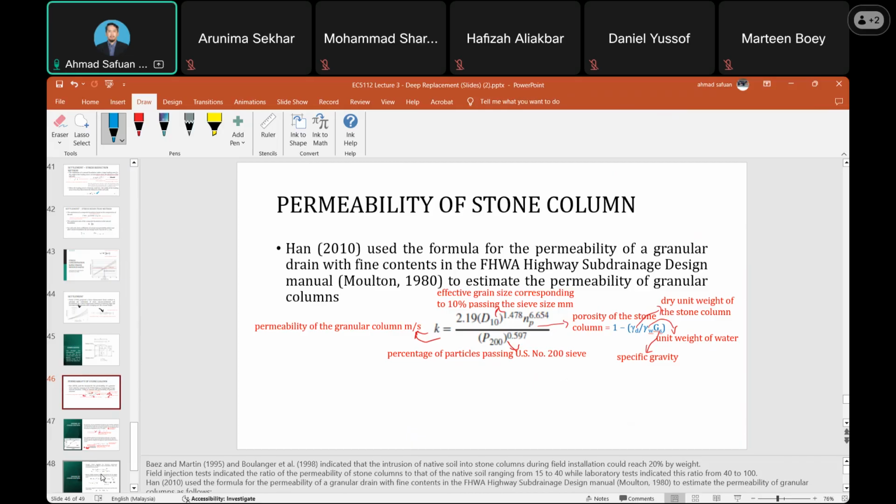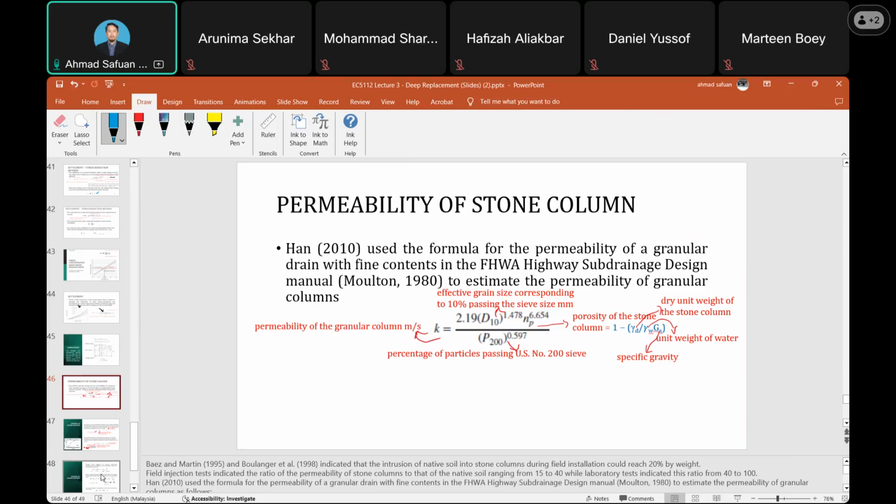We should find content in the FHWA highway drainage design to estimate the permeability of a granular column. The K value can be determined based on this equation: 2.19 times the effective grain size corresponding to 10% passing the sieve size.